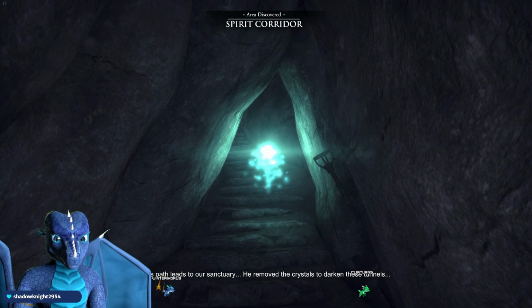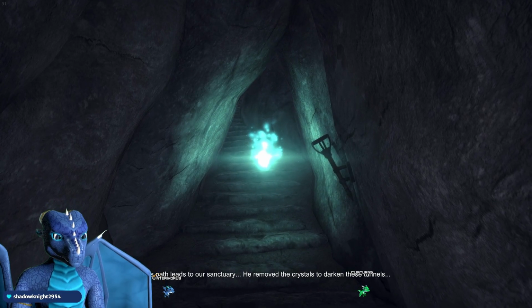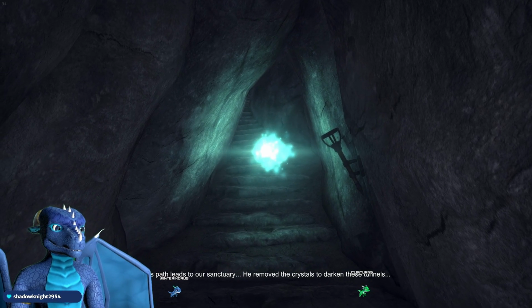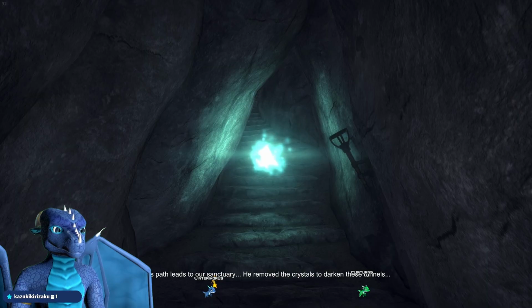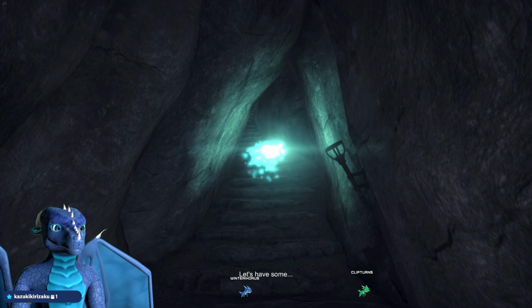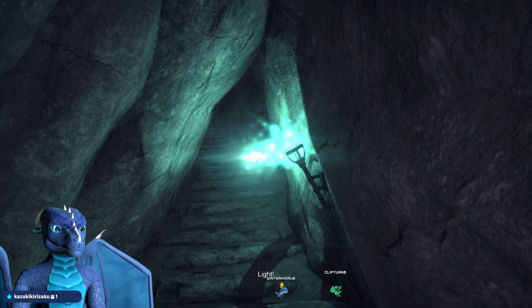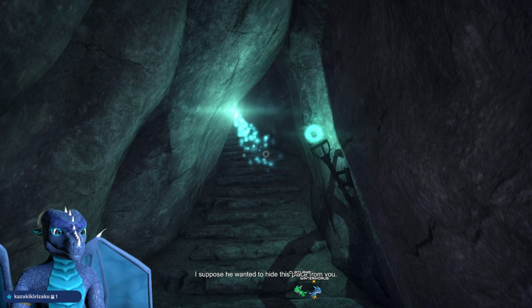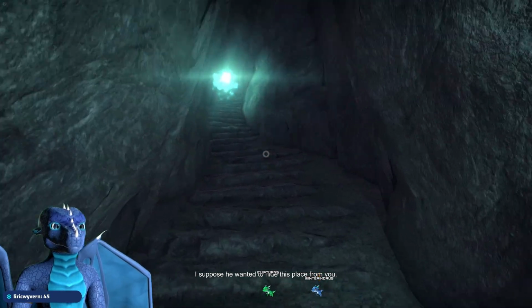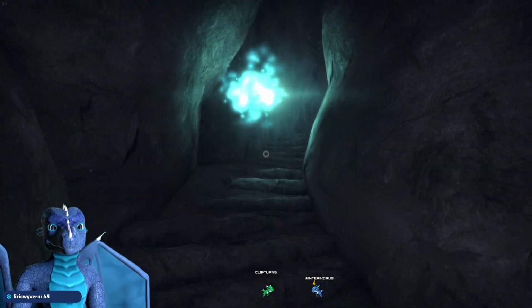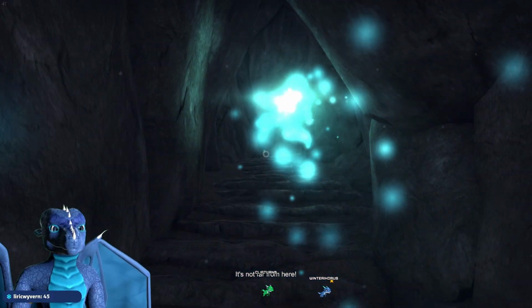This path leads to our sanctuary. He removed the crystals to darken these tunnels. Let's have some light. I suppose he wanted to hide this place from you. It's not far from here.